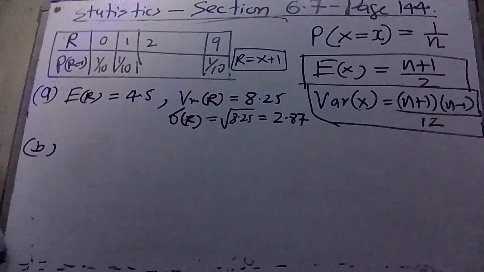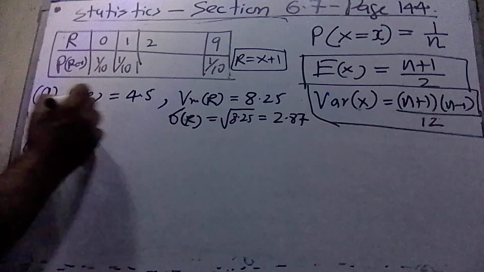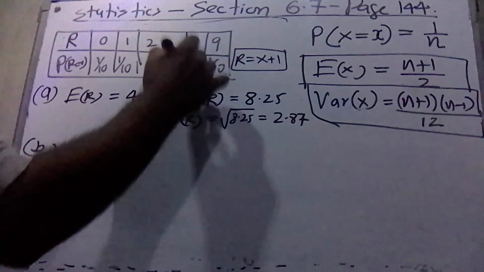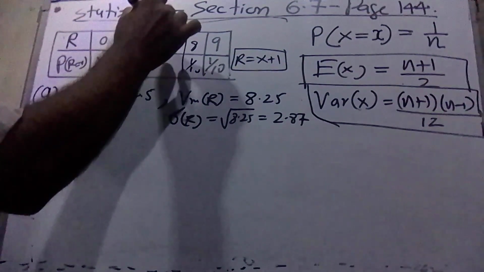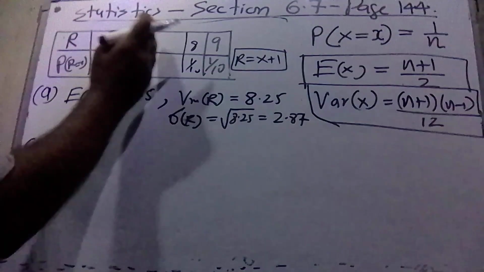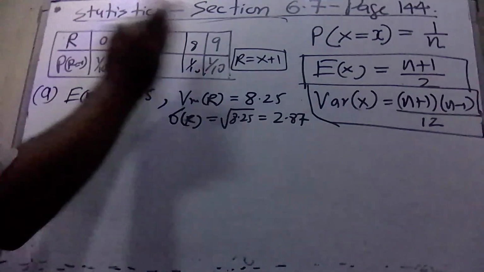The question asks: find the probability that the particular digit lies within one standard deviation of the mean. The mean is 4.5, so 4.5 is around here, and we take one standard deviation on either side.